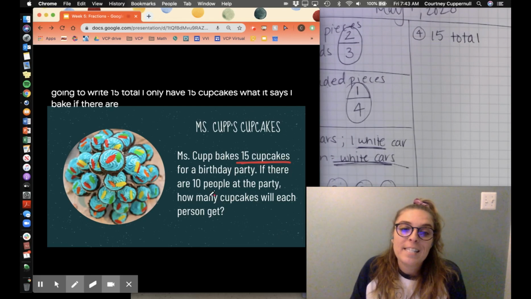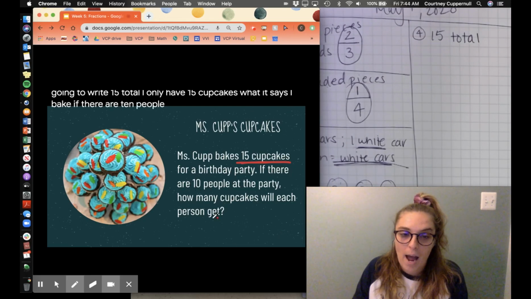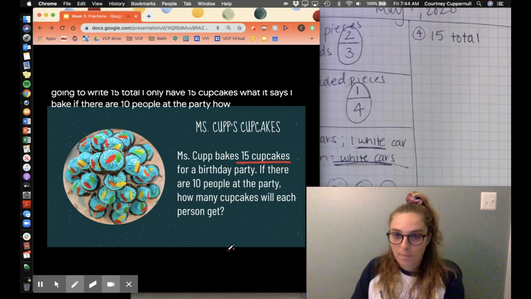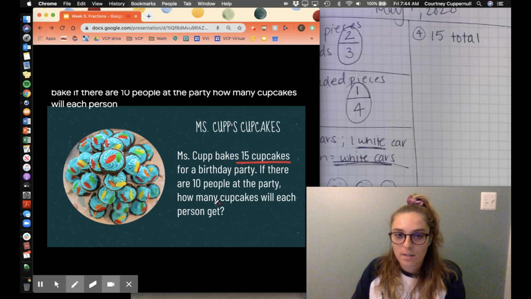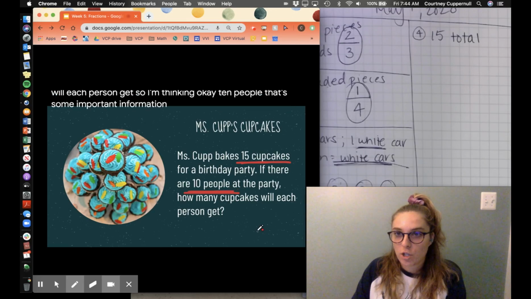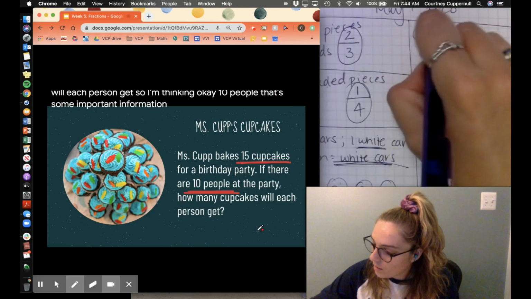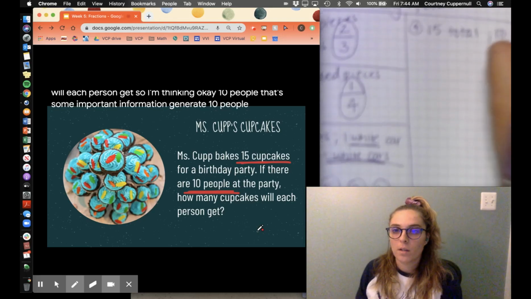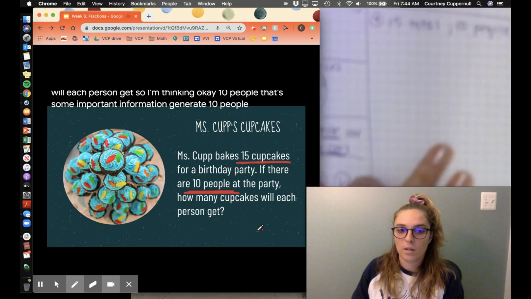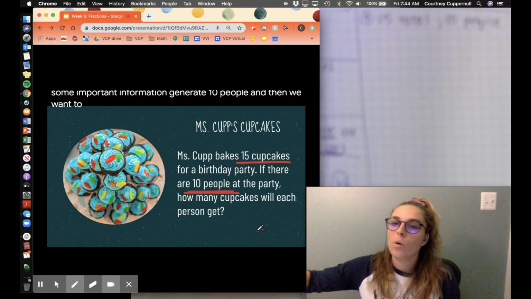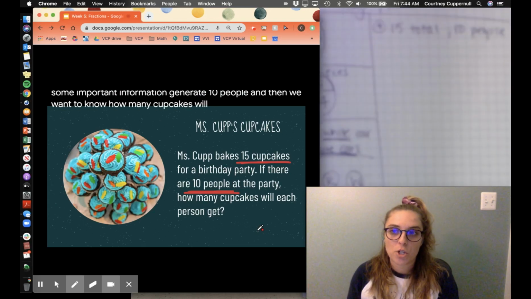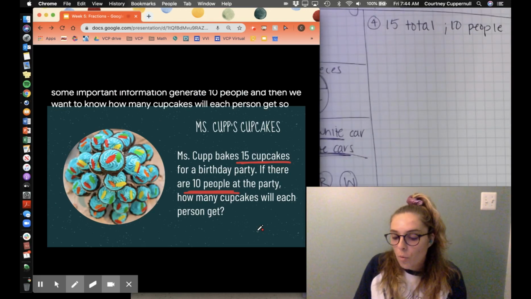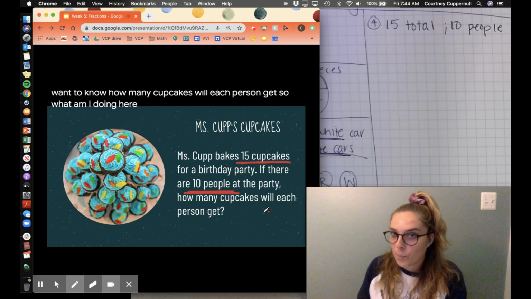If there are 10 people at the party, how many cupcakes will each person get? So I'm thinking, okay, 10 people, that's some important information. I'm going to write 10 people. And then we want to know how many cupcakes will each person get. So what am I doing here?